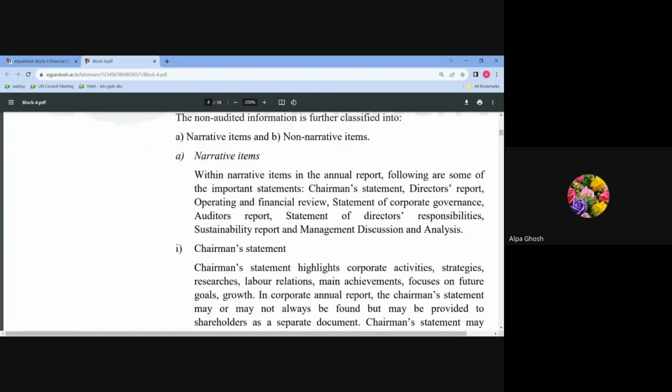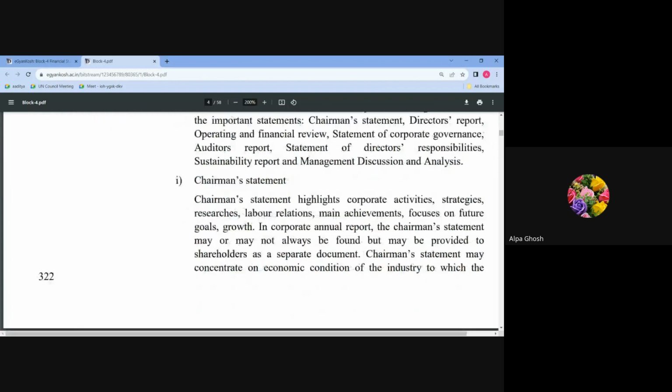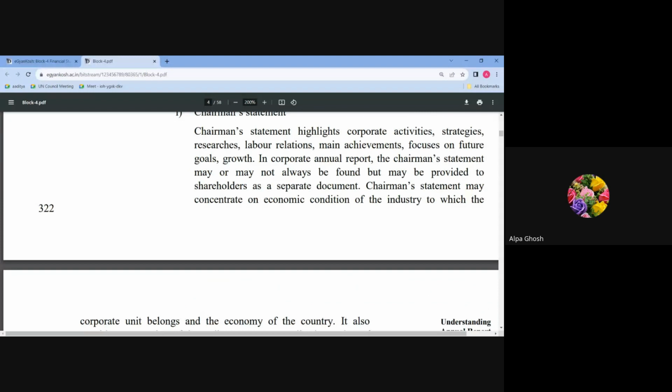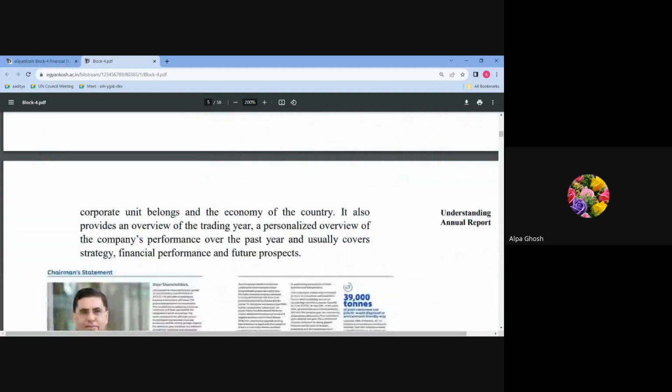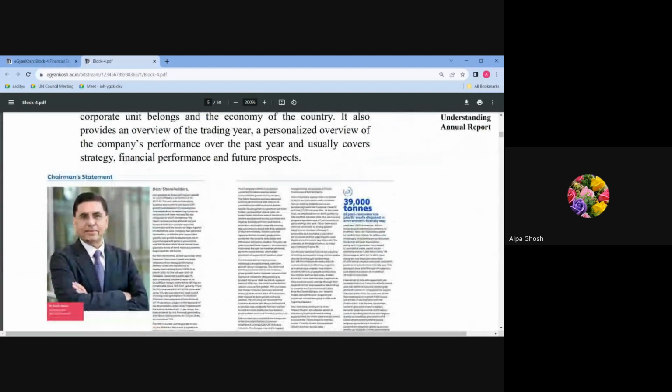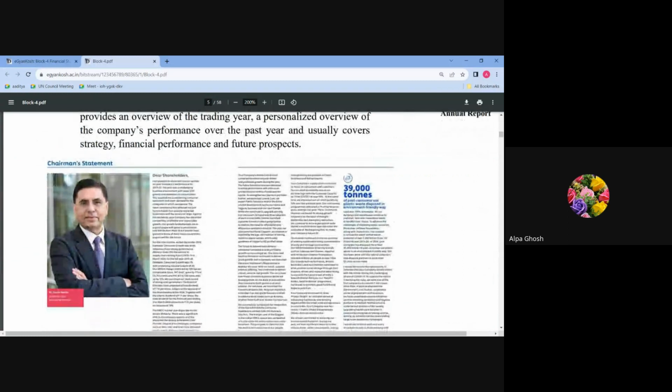This is all the content of the narrative report. It can be the chairman's statement. Just see this, because in every organization you will find this chairman's statement. The chairman addresses the shareholders.